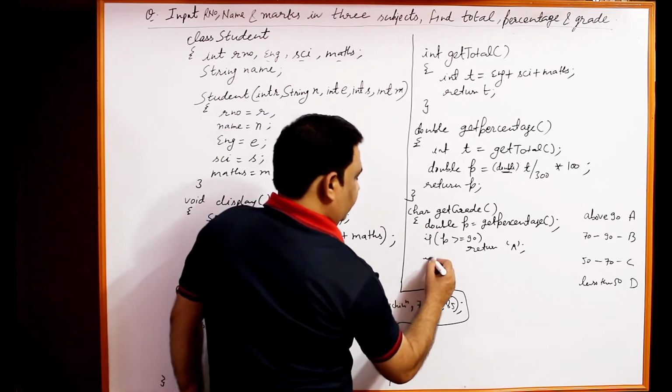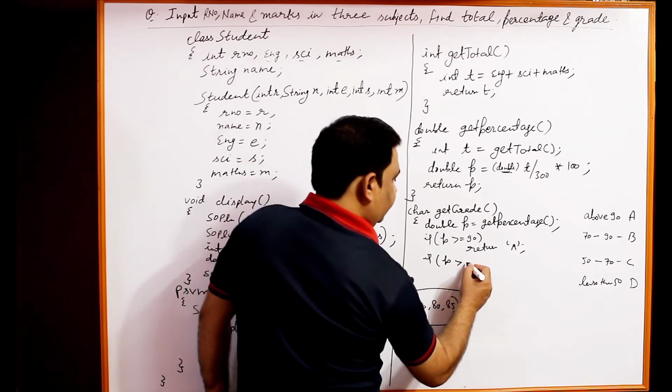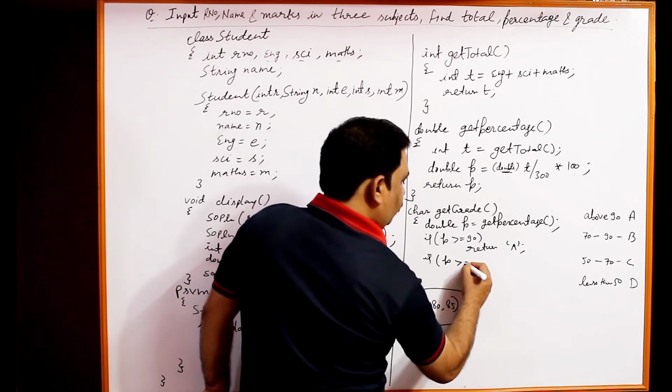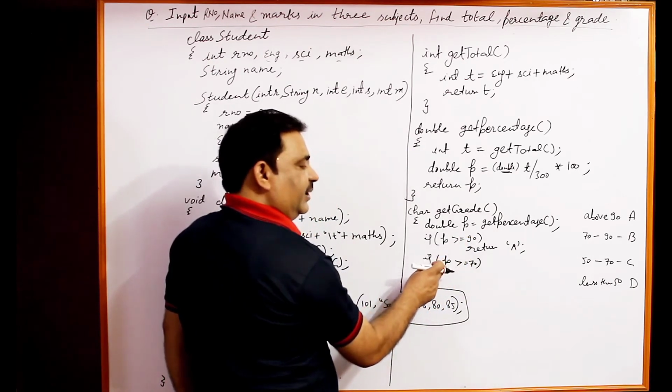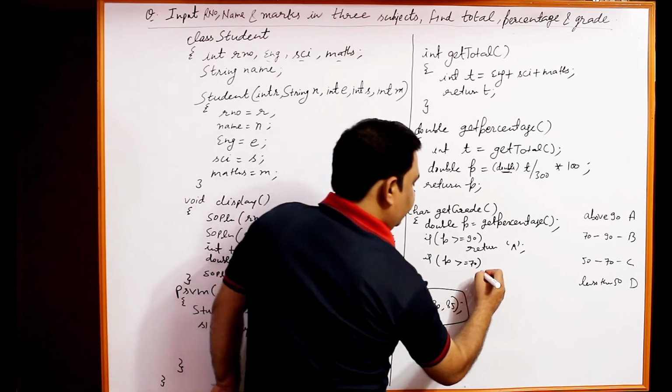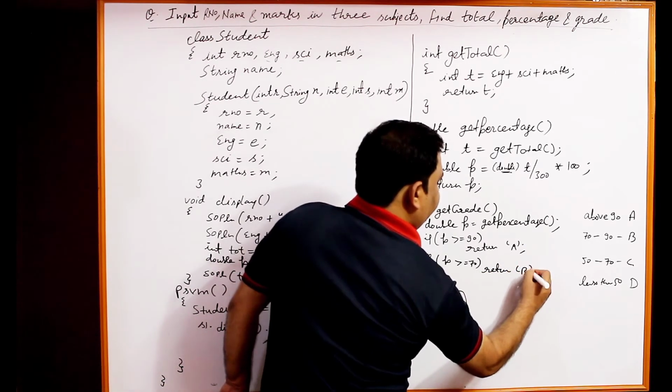Second condition, if p is greater than or equal to 70, means if it is less than 90 then it will come here, but if it is greater than or equal to 70 then you can return B grade, 'B'.